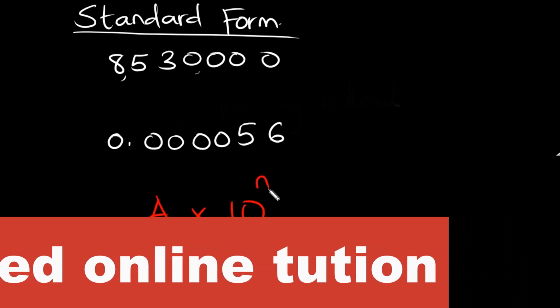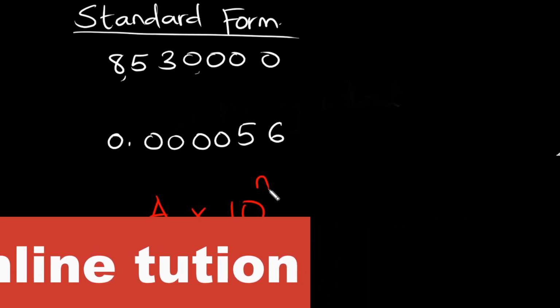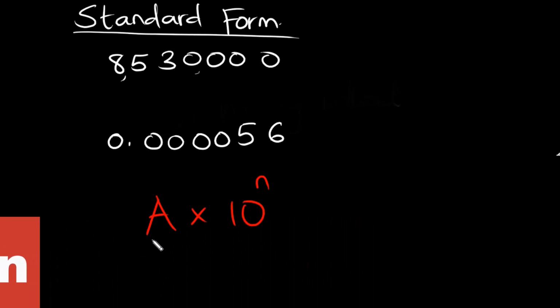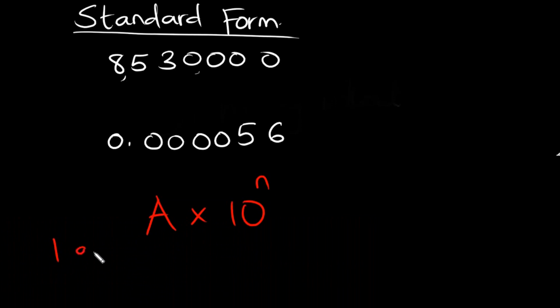I'm going to tell you what a means and what n stands for. So a stands for a number that lies between 1 and 10. Yeah, a number that is 1 or greater than 1 but less than 10. So this number a is less than 10, but it's greater than or equal to 1.